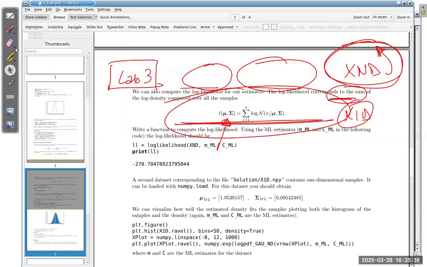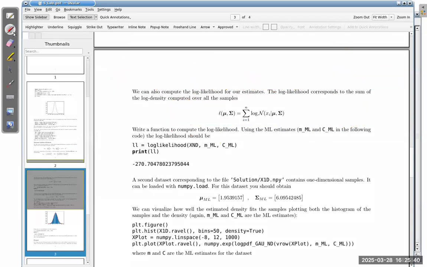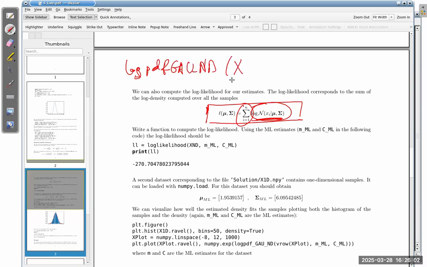Then, once we have computed the fit, another thing that is interesting to compute is the log likelihood. Remember that our goal was optimizing the log likelihood. So let's write a function that computes the log likelihood. The log likelihood is the sum over samples of the logarithm of the density computed at the samples. Remember that if you wrote the logpdf_GAU_ND function before, it takes a data matrix X and returns a vector Y of log densities.